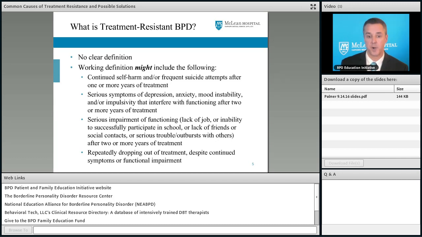Somebody who has serious symptoms of depression, anxiety, mood instability, or impulsivity after 2 or more years of treatment. Those symptoms might take 2 years to get better, but you should see some improvement within 2 years. Serious impairment of functioning after 2 or more years of treatment, or just repeatedly dropping out of treatment. So somebody who won't stay in treatment long enough to get better, even though their symptoms are persistent and they're not functioning well.